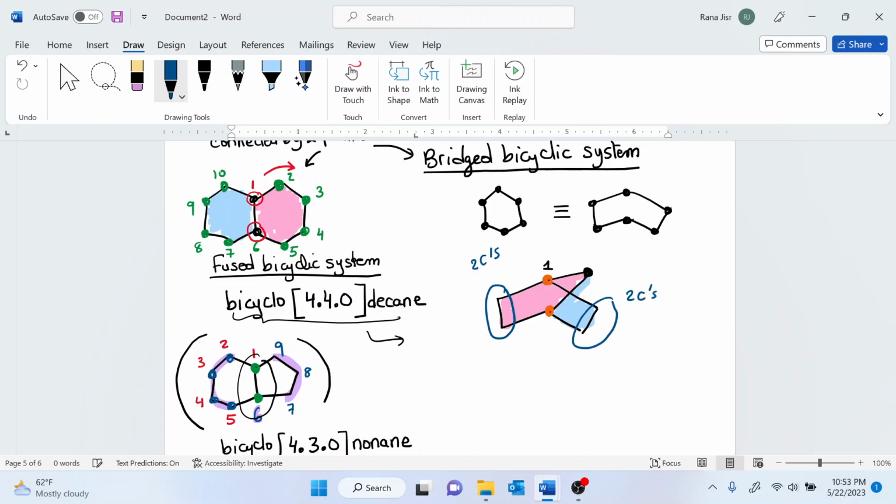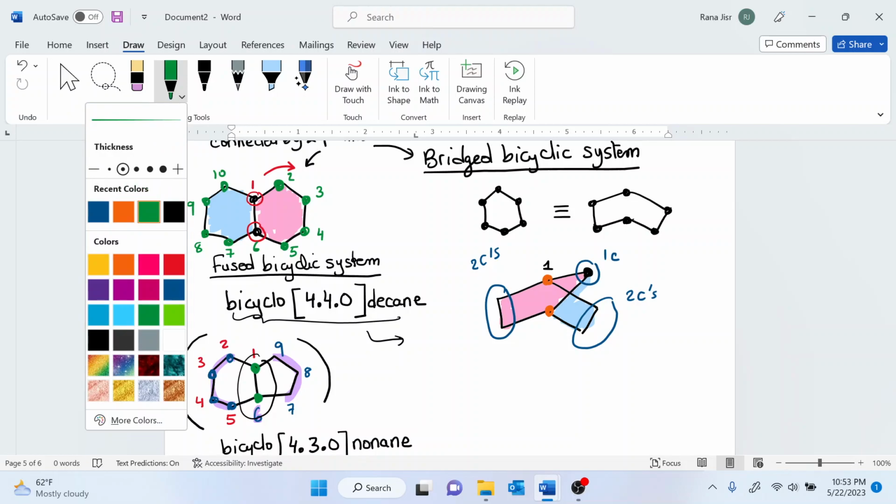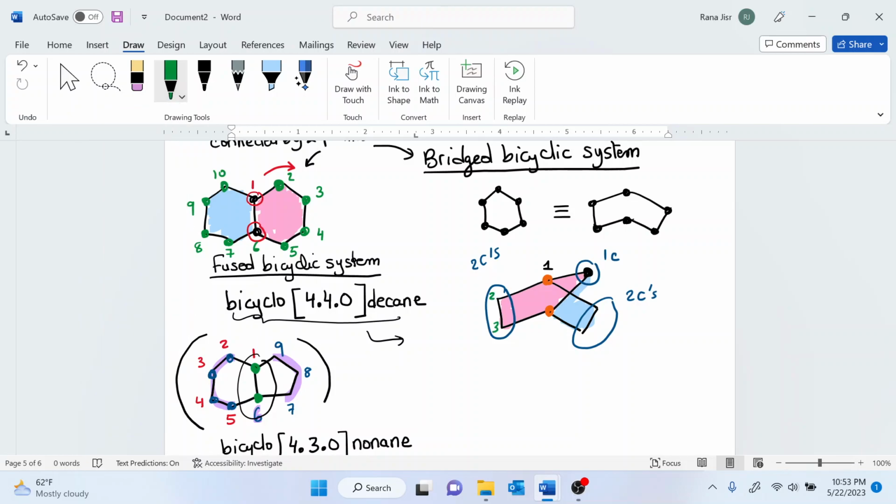So honestly, it doesn't matter. And on this side here, I have 1 carbon. So definitely I'm going to move either to the right or to the left, meaning to the sides of the 2 carbons rather than the 1 carbon. I'm going to choose this side over here and go by 1 and 2. So going by 1, this is going to be 2, this is going to be 3.